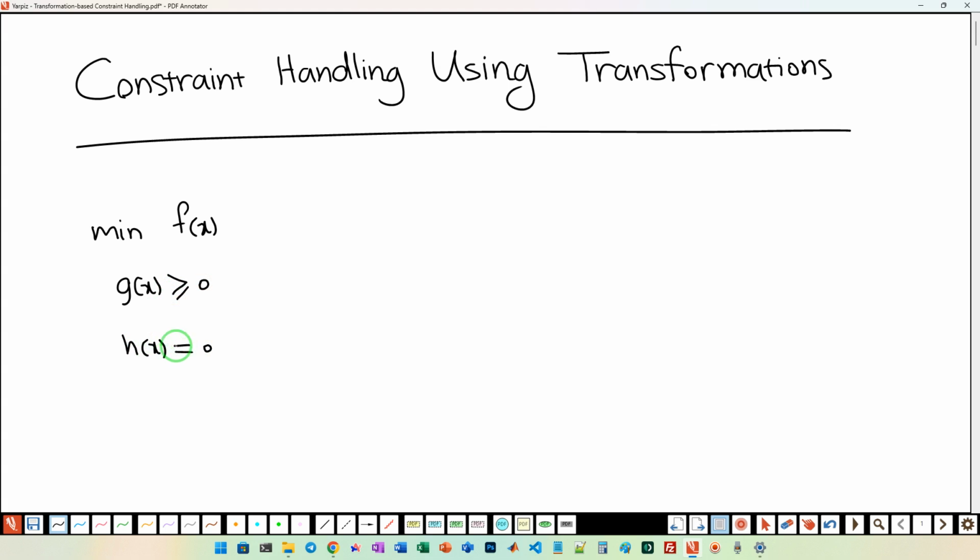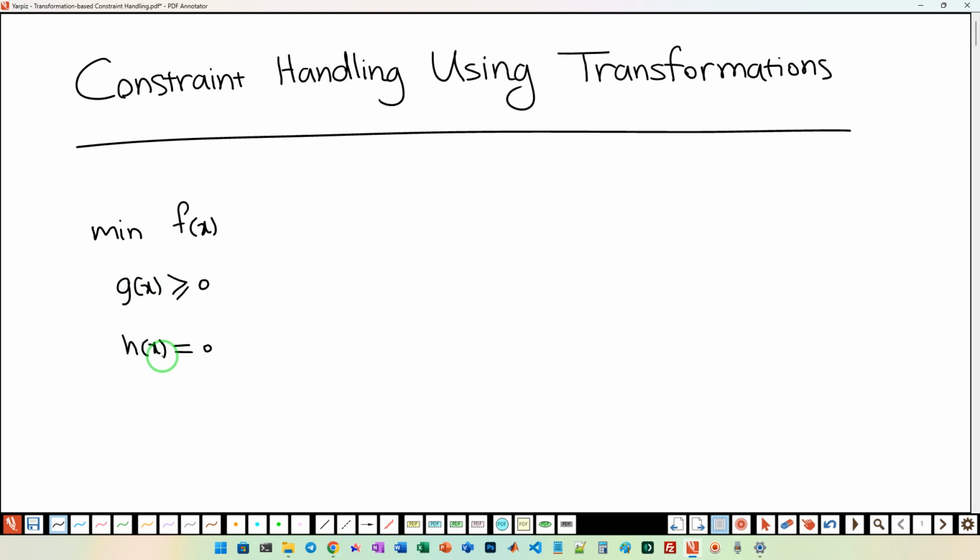This is the general form of constraints, and you can express any inequality constraint in this form: g of x greater than or equal to 0, and any equality constraint in this form: h of x equal to 0.